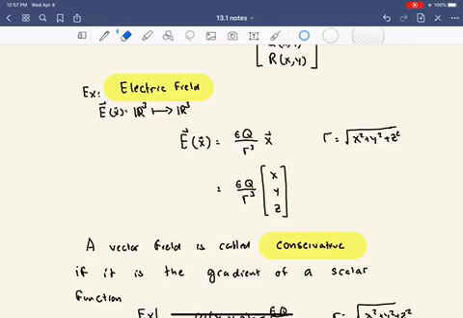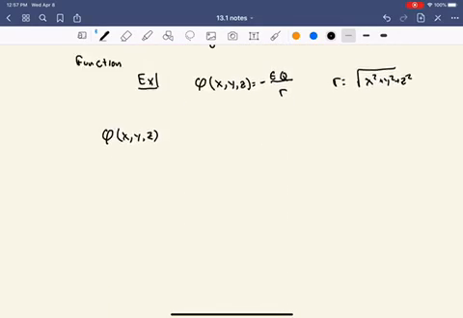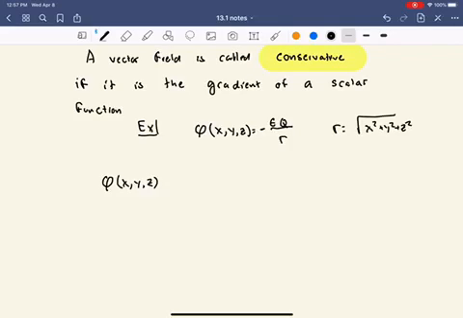And then if I'm going to do that, I'm going to change this to be an r hat. Okay. All right. So let's go ahead and show how the electric field comes out of the scalar function. This is often called the electric potential.